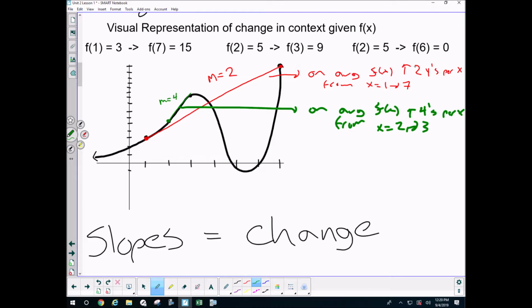Why don't we do 2 to 6? Please calculate the slope that connects those 2 points. 2, 5, 6, 0. Slope.